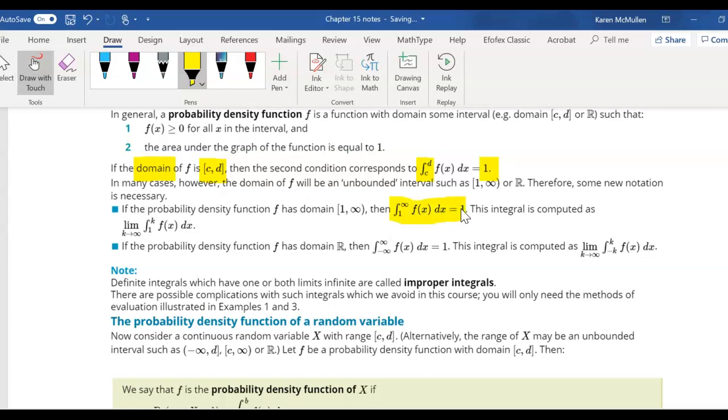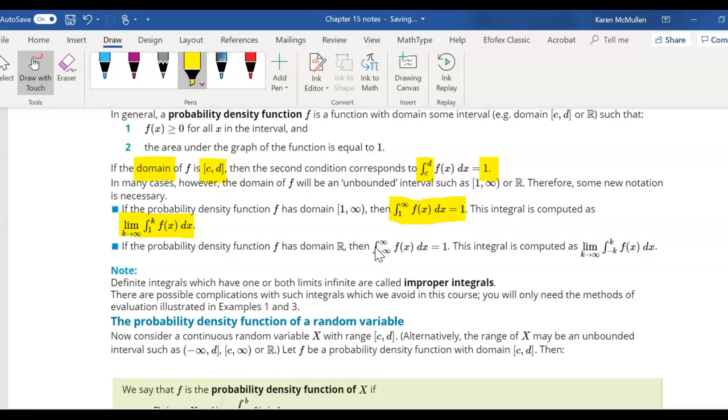So if we're going from 1 to infinity, we can just say, all right, we're going from 1 to k, where k is approaching infinity. So we're just introducing that limit there to show that, well, we're going from 1 to k, but the value of k is approaching infinity.